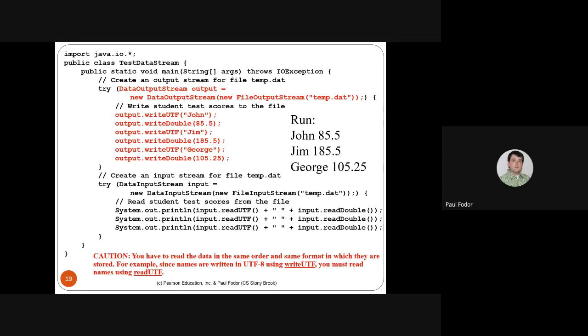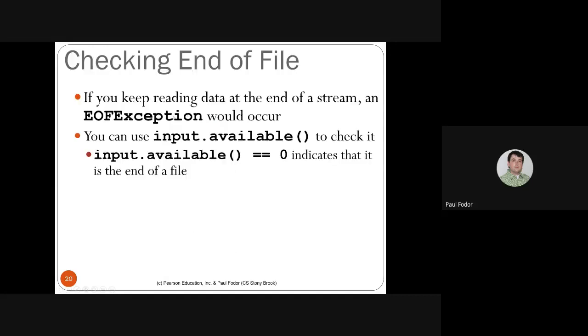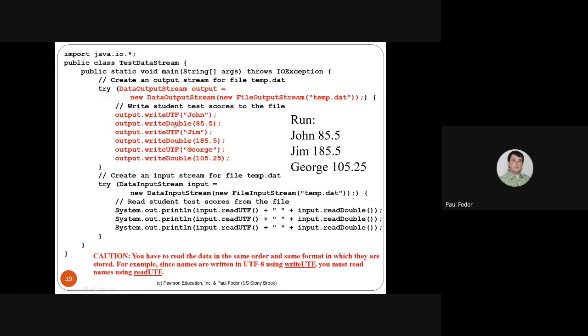So one thing that you can see here is that we wrote UTF, double, UTF, double, UTF, double. We read them in the same order. If any of the reading was done in a different order, the output would not be the same thing that we wrote to that file.